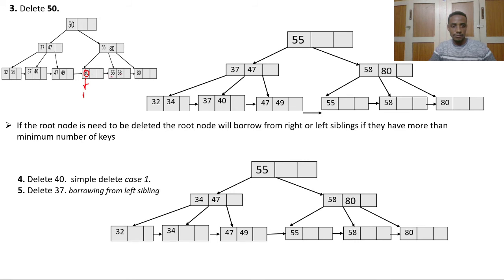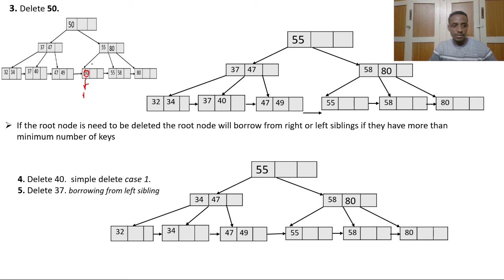So it will ask, if it borrows 55, yes, it can borrow because it can have more than the minimum number of key values. So this 55 will be borrowed by this, and this can be deleted, and these two will be merged, 55 and this empty block will be merged, and 55 will be filled here.